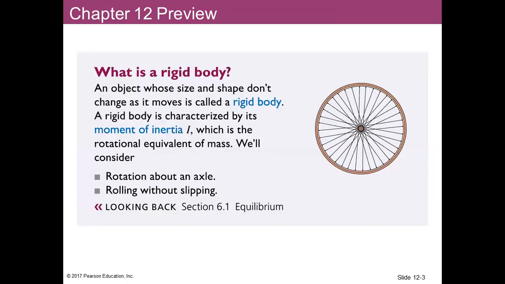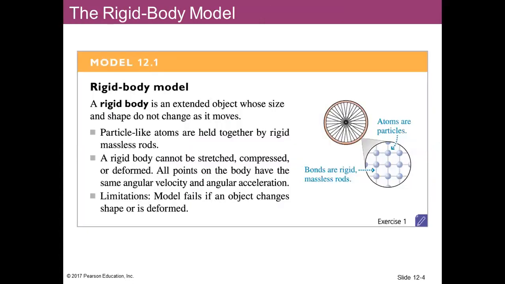What is a rigid body? When we talk about a rigid body, we talk about an object that has a shape and a size that remains the same, or that does not change. So a rigid body cannot be stretched, compressed, or deformed.